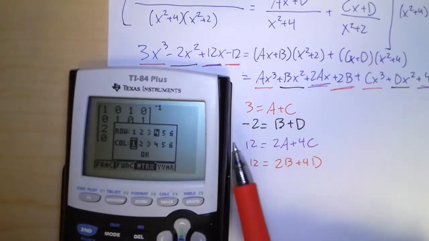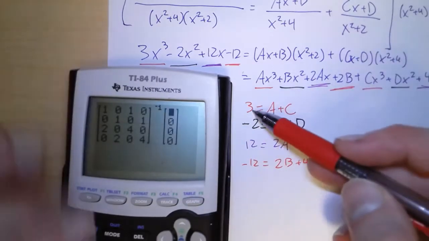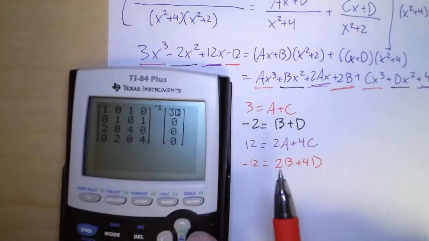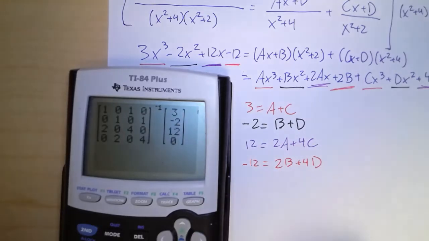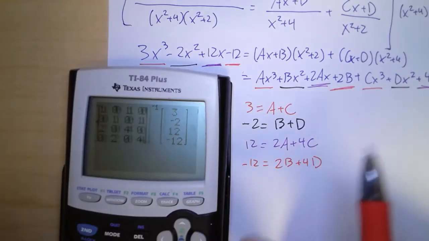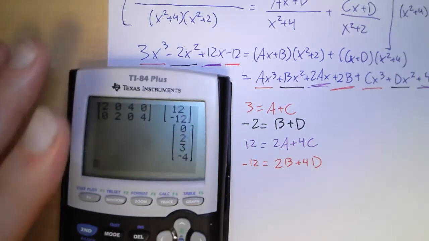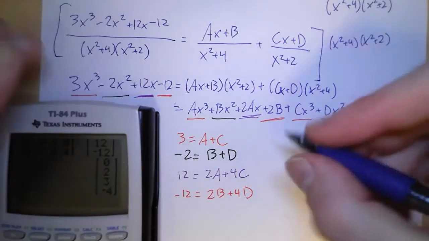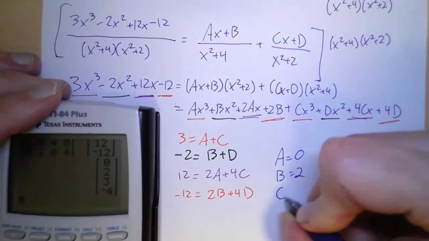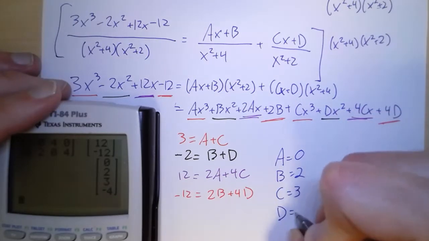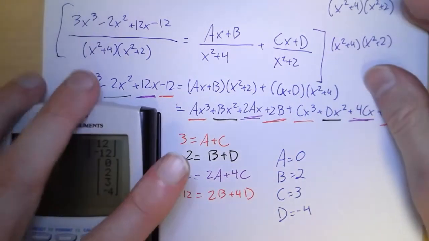So then finally, we put a 4 by 1 and we put in these numbers here. So 3, negative 2, 12, negative 12. And so we get a equals 0, b is 2, c is 3, and d is negative 4.